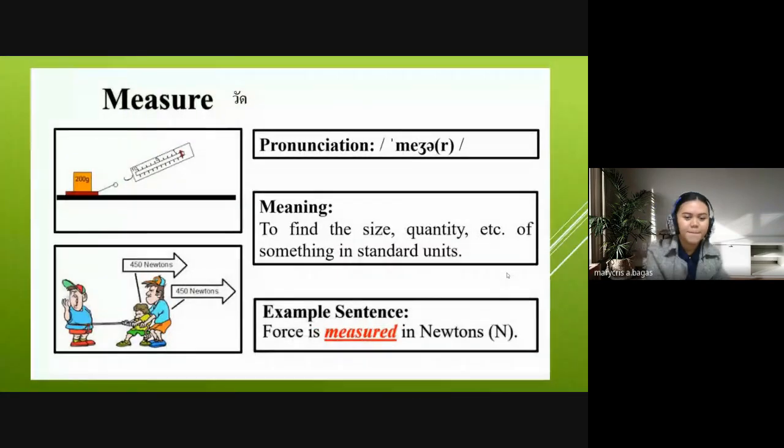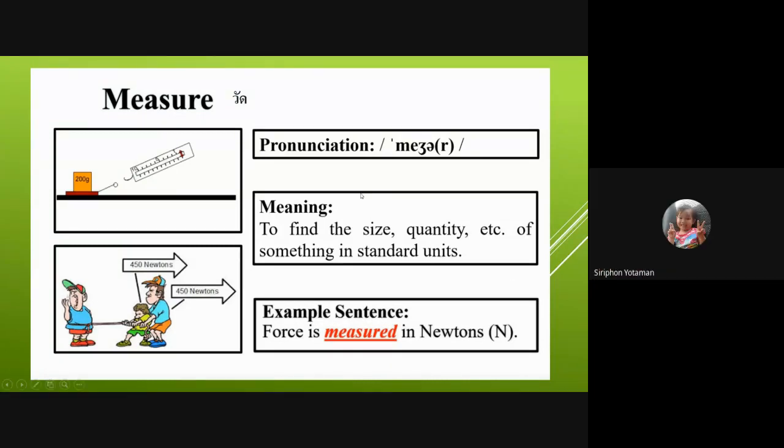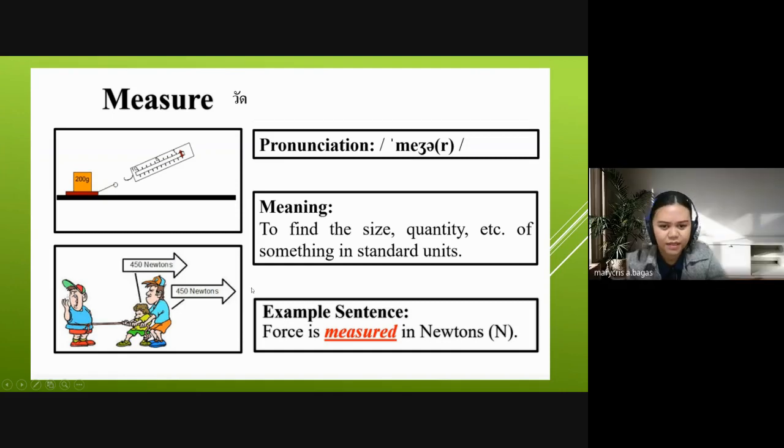Next, measure. Can you spell measure? M-E-A-S-U-R-E. Example sentence: Force is measured in newtons, or capital letter N. Look at this picture.